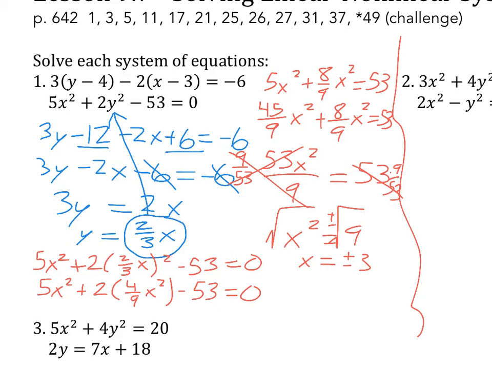So what I'm actually going to do now is right here, I'm going to plug in 9. Because if I plug in 3, x squared is 9. If I plug in negative 3, x squared is still 9. So I'm just going to plug in 9 for x squared.